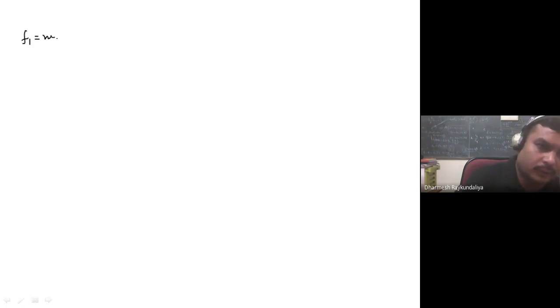Instead of m, he says f1. Instead of n minus r, he says f2. And instead of delta, he uses the notation phi, where phi is nothing but the square root of delta square plus m plus 1.